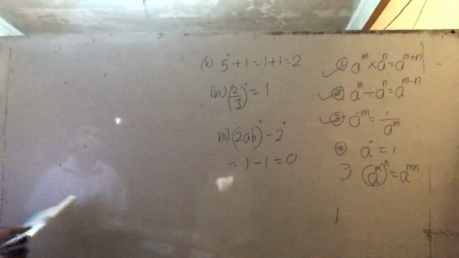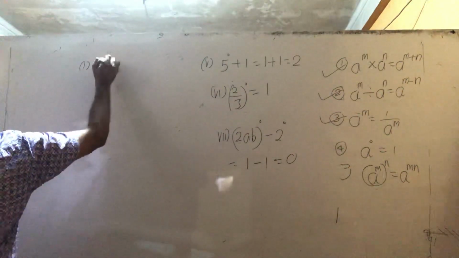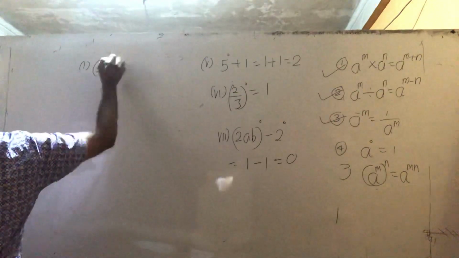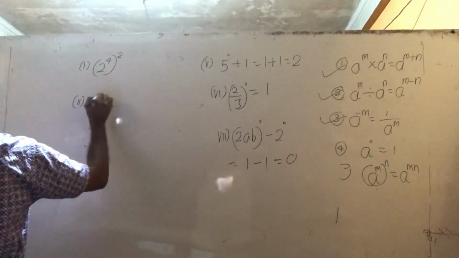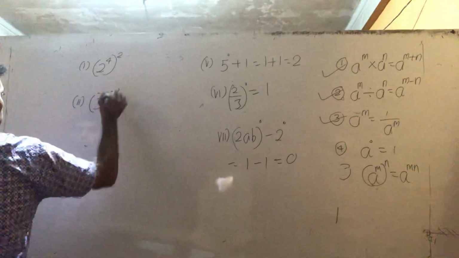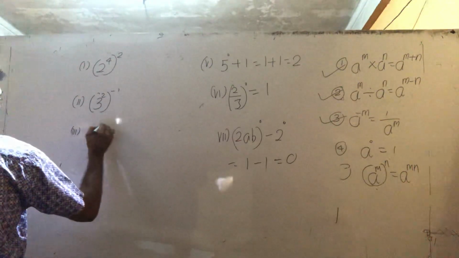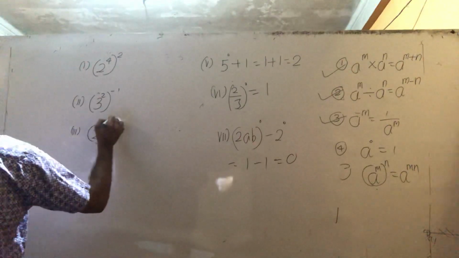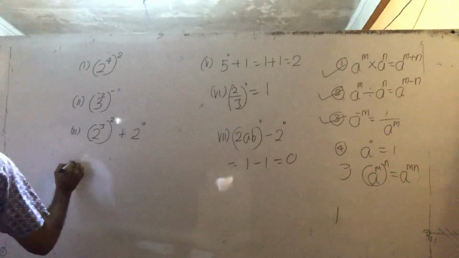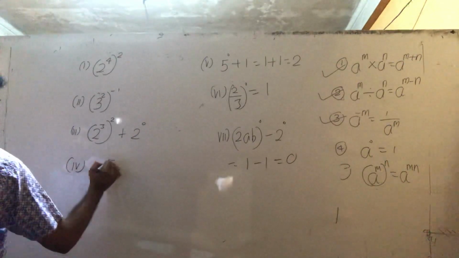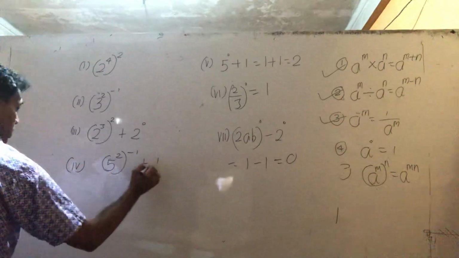Evaluate the following. 2 to the power 4, all squared. 3 squared, to the power minus 1. 2 to the power 3, completely squared, plus power 0. 5 squared, completely to the power minus 1, plus 105.